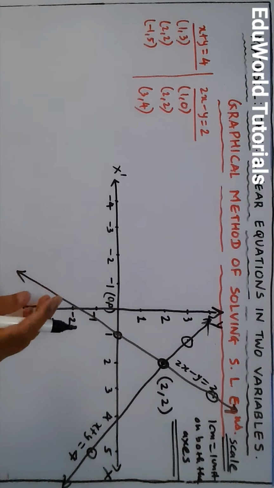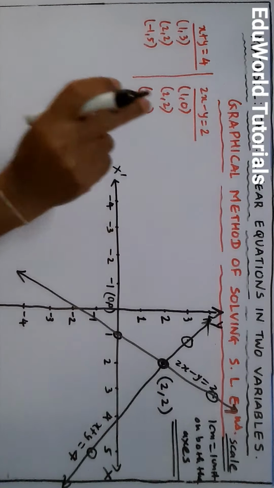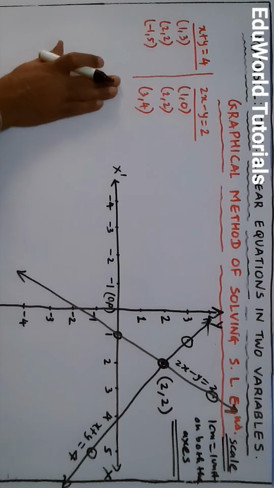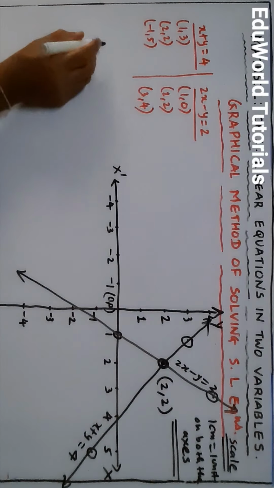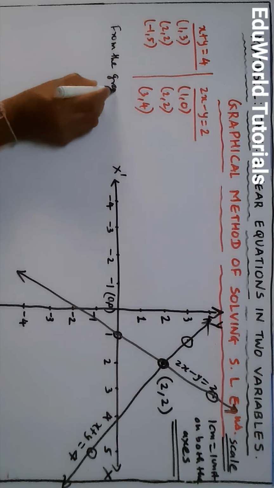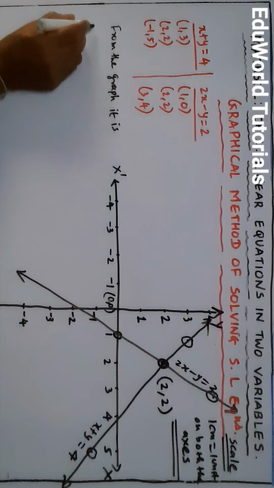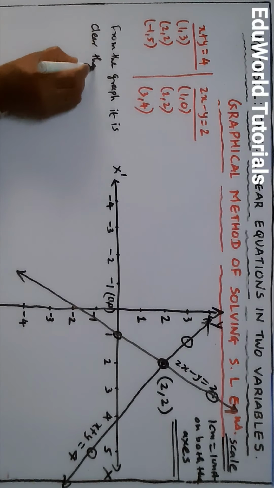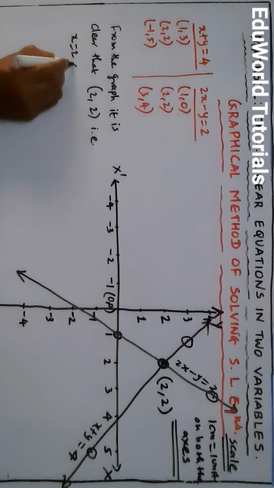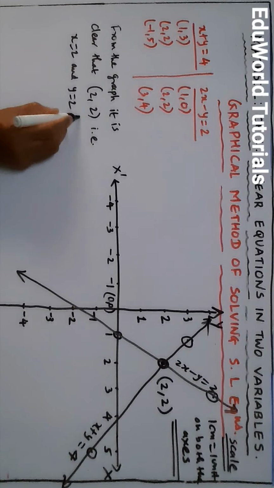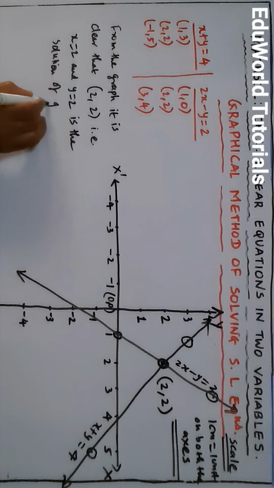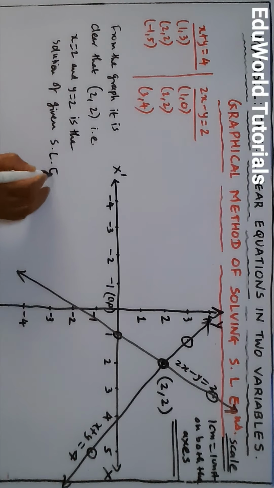This is the way we solve simultaneous linear equations in two variables by the graphical method. Again, on the working page, you have to write at the end, below the table, that from the graph it is clear that 2 comma 2, that is x equal to 2 and y equal to 2, is the solution of the given simultaneous linear equations.